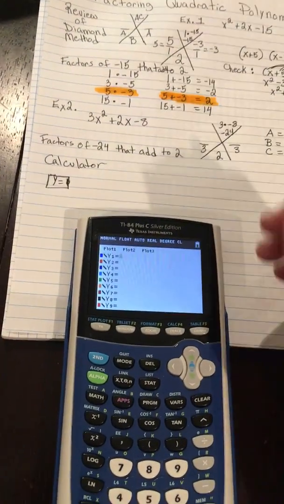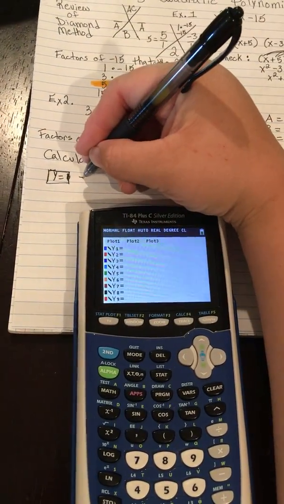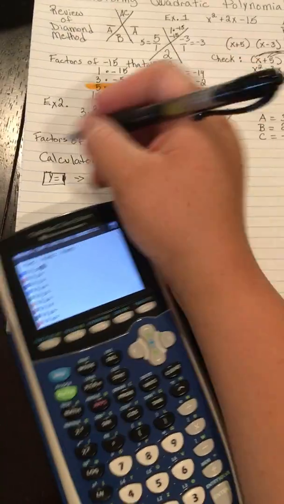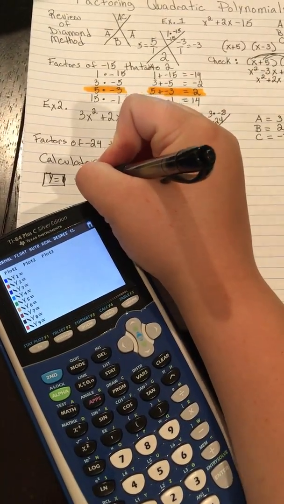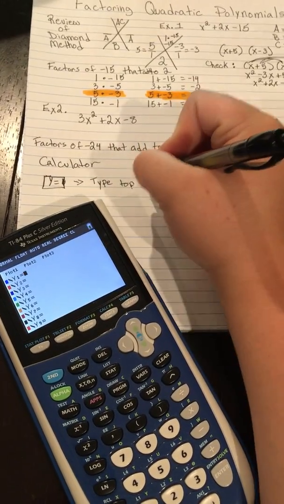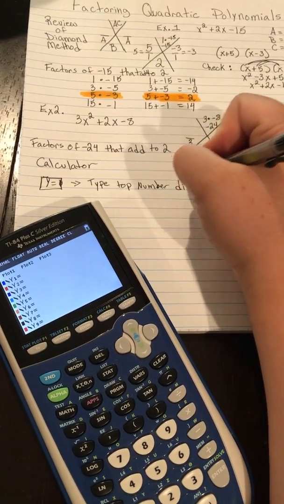So y equals, then we need to type in the first y equals section, we're going to type in our top number divided by x.